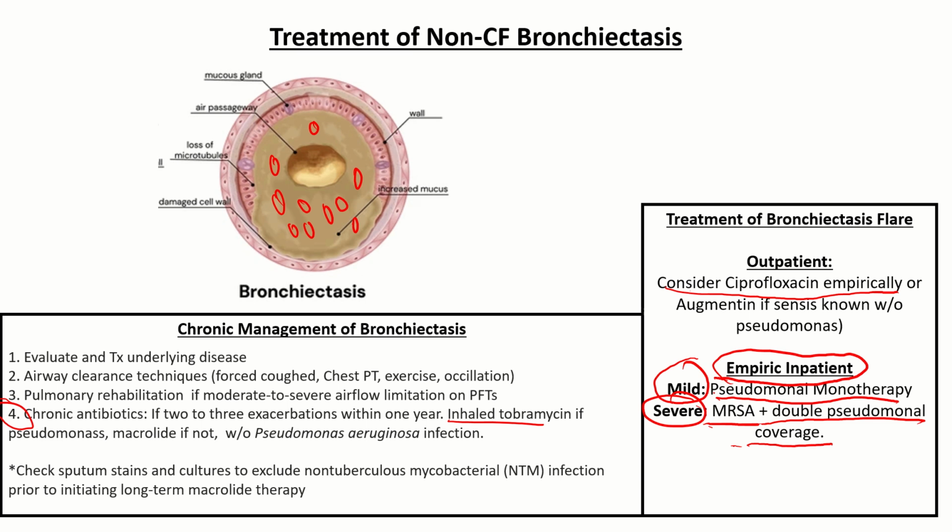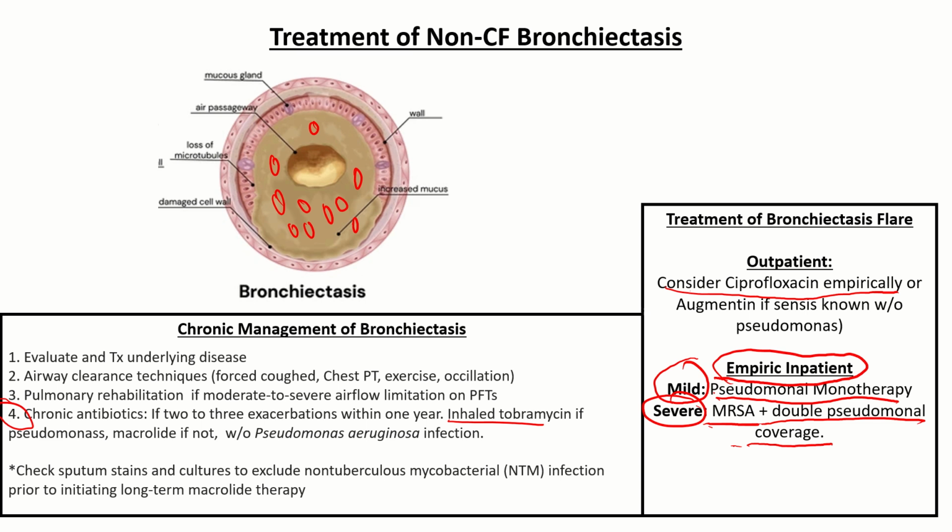There can be some really nasty bugs, Acinetobacter, Burkholderia, things that are really, really drug resistant. So definitely get an ID consult, but you may have to think about even some of your more advanced antibiotic therapies, beyond even Zosyn and cefepime, to cover things like carbapenemase-resistant Enterobacter or Acinetobacter as well.